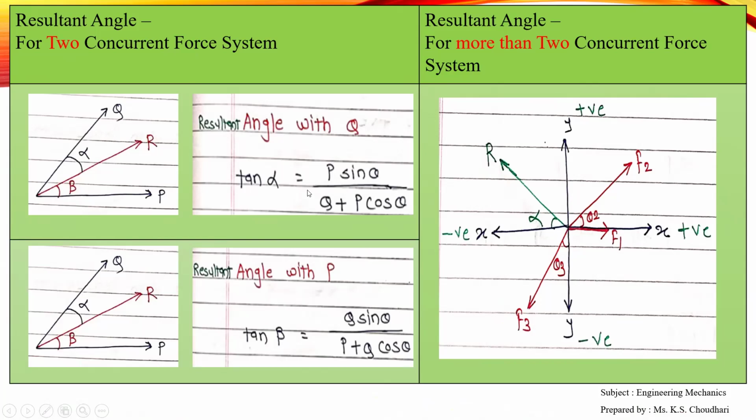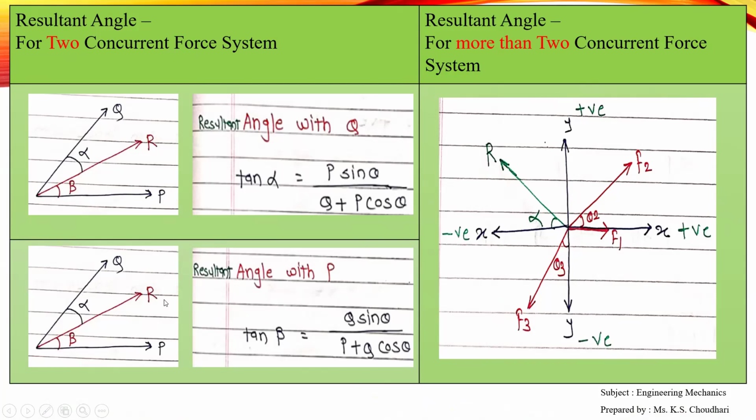Now we have to find the position with respect to Q, so in the denominator we put Q here. Then the other force is force P. We put P here. Here write down sin theta and here write down cos theta. In this way, you can easily remember this formula.